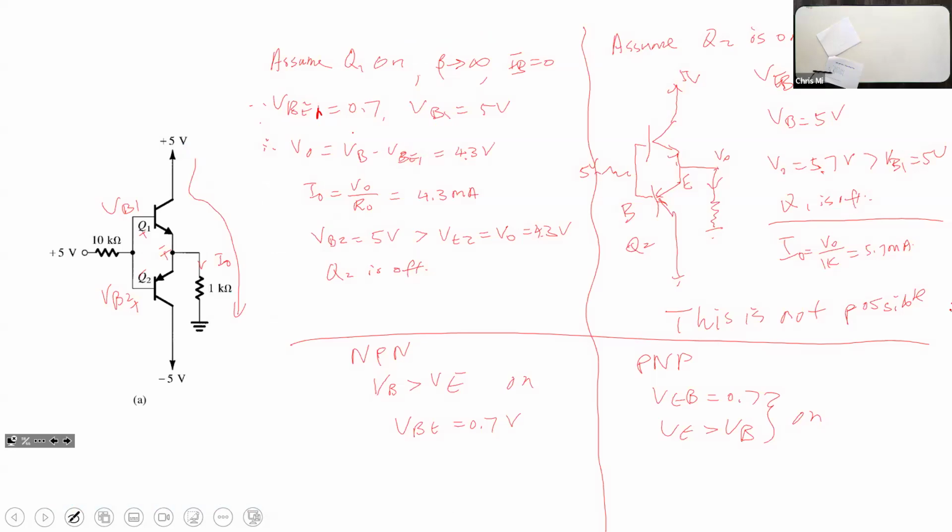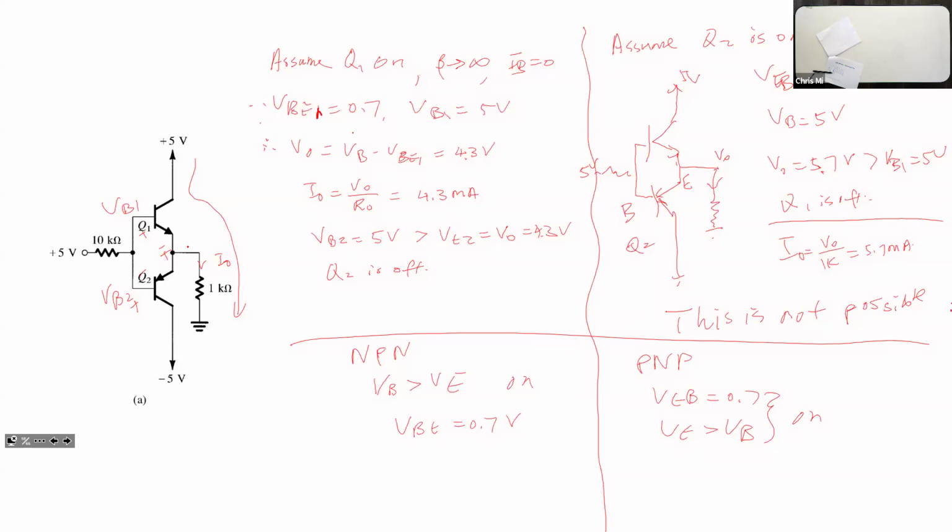There are a couple of mistakes we made here. Let's use this pointer. I said VB is 5 volts, and I said VBE is 0.7, so that VO is 4.3.